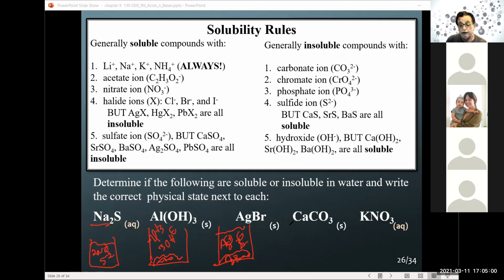Same is true with calcium carbonate, because it is insoluble. A big chunk of it would be down at the bottom. I would have my calcium 2+ ion and my carbonate ion in solution with the respective charges. And down here in the bottom would be calcium carbonate intact.